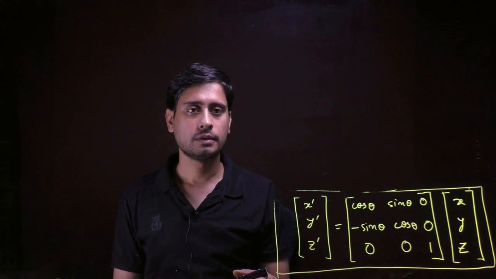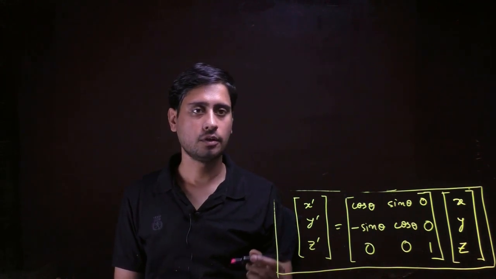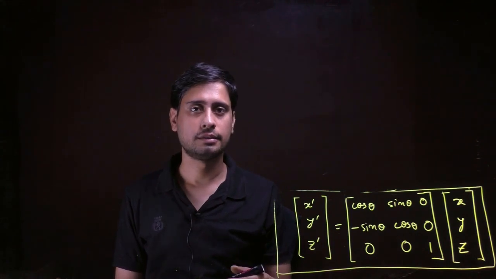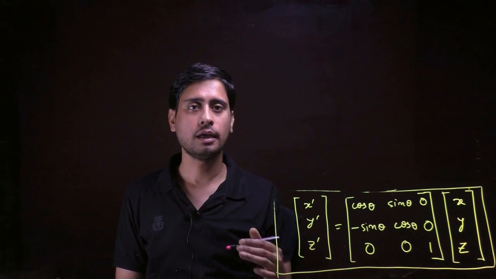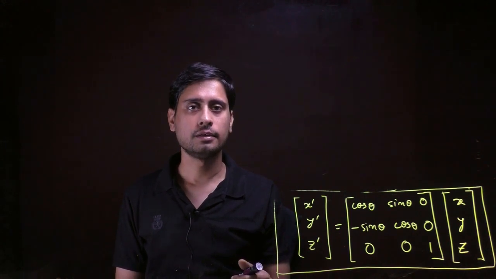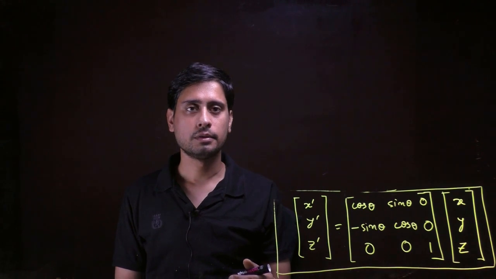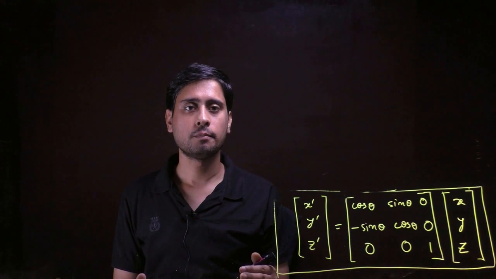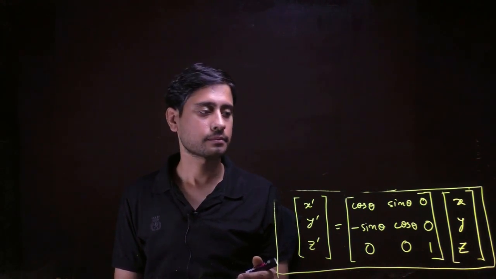So you saw how the coordinates of a point transform in a simple rotation about the z-axis. We can rotate about any arbitrary axis and the calculation will be somewhat more complicated, but the concept will be similar. So we are keeping things simple.